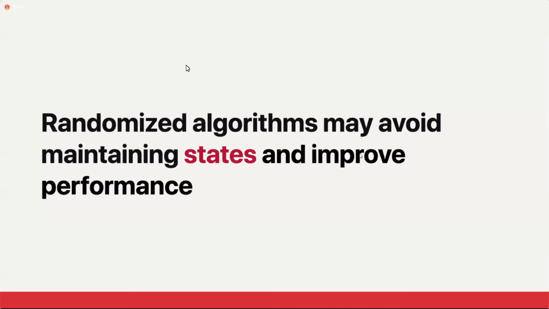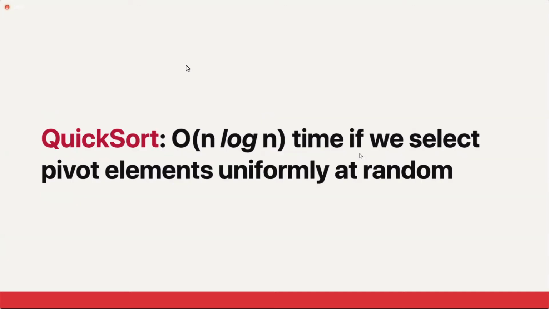Not only is it good, it has been shown in theoretical computer science, when we analyze algorithms such as quicksort, that if we design the algorithm so that we select pivot elements uniformly at random, we are able to achieve the order of n log n time complexity for quicksort.